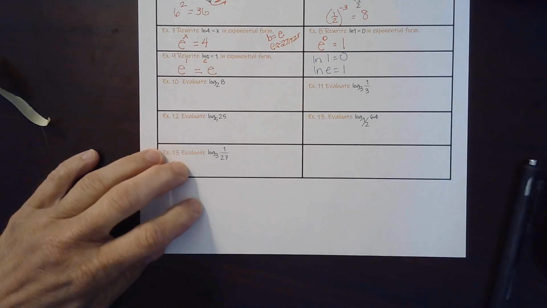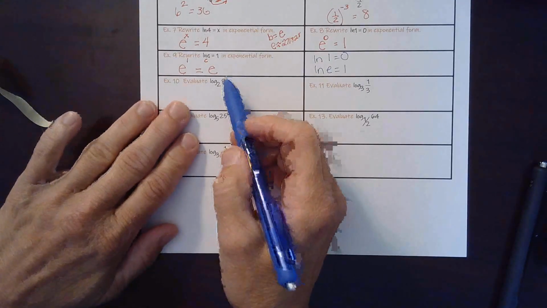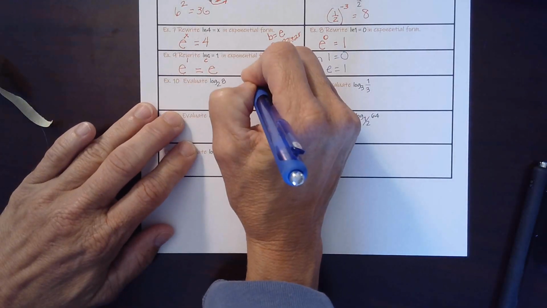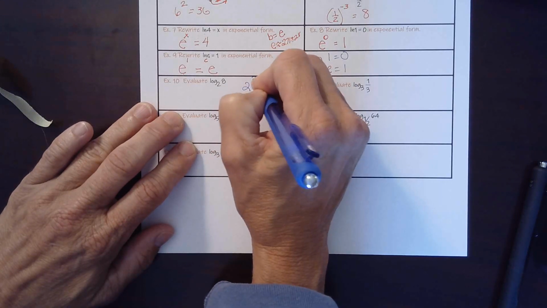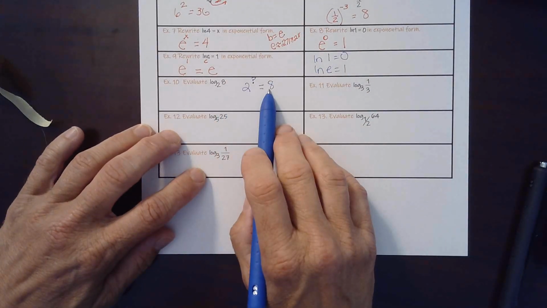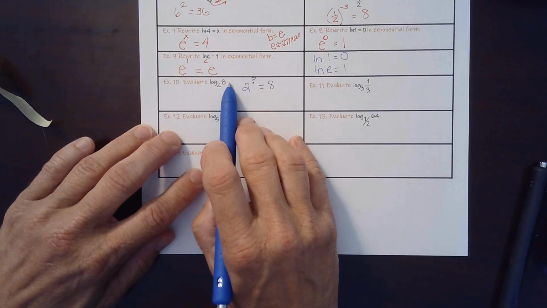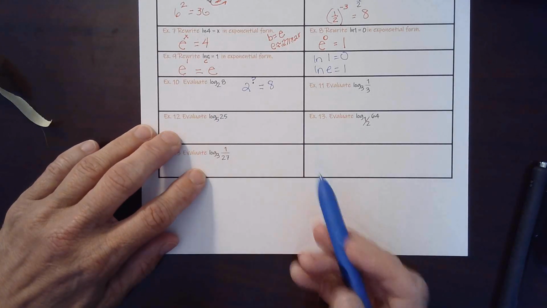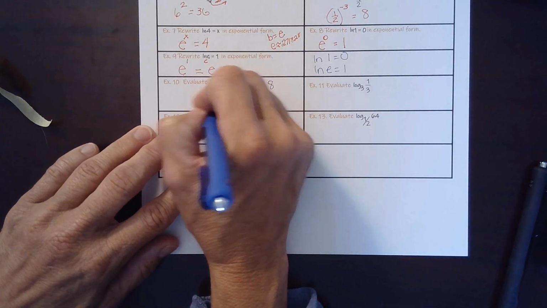Well, think of it this way. You're asking yourself this: 2 raised to what power equals 8? So when you think of it this way, you're asking yourself, what power do you raise 2 to get 8? And the answer is 3.